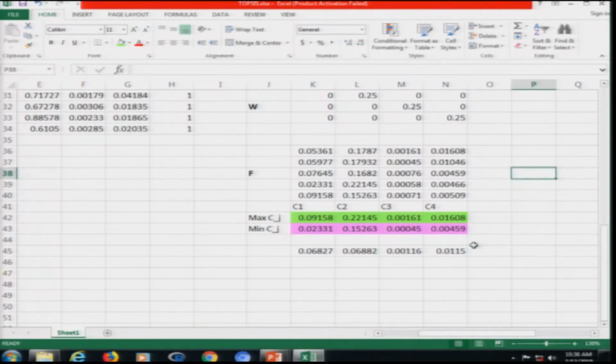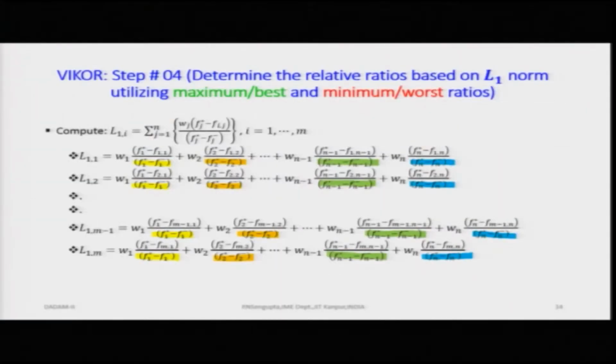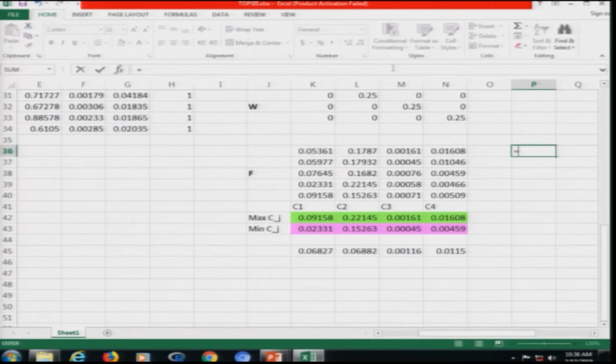Now, we go to the normalization one. So, what is the normalization one? The max minus the corresponding value, that means we go F11, F12, that means I am following the row wise difference.